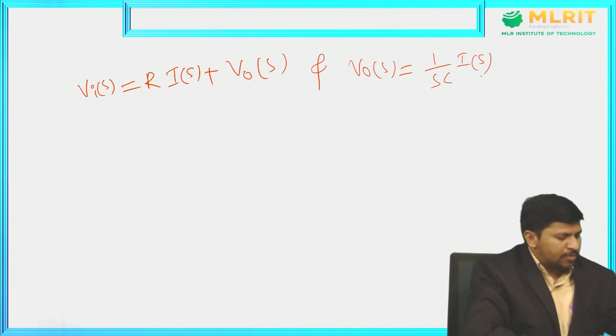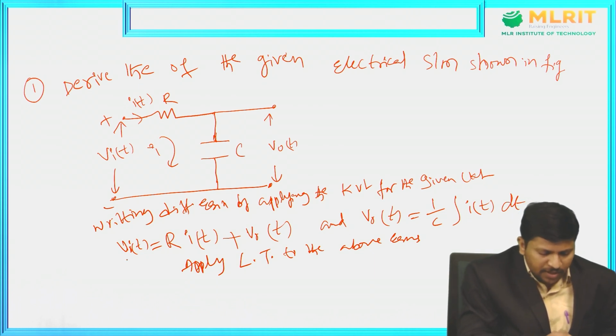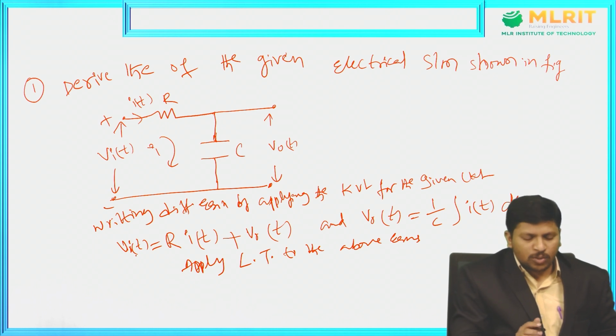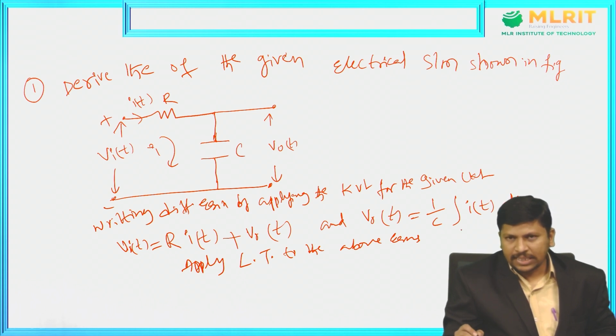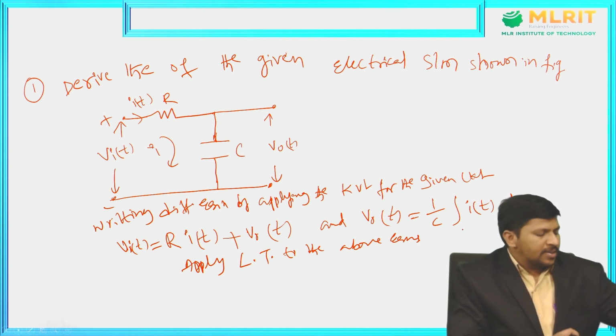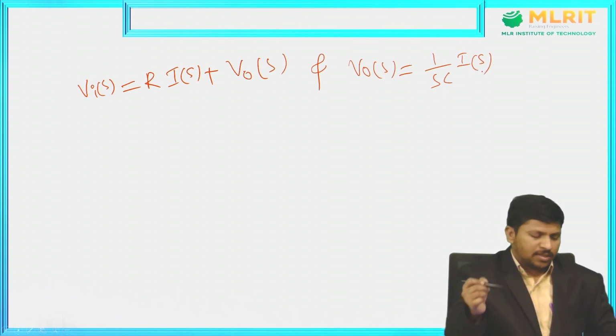Applying the Laplace transform, Vi of t becomes Vi of s, from the t to s domain, and R into I of t becomes R into I of s. V output of t becomes V output of s, and for 1 by C there is one integral term, so it becomes 1 by sC into I of s.